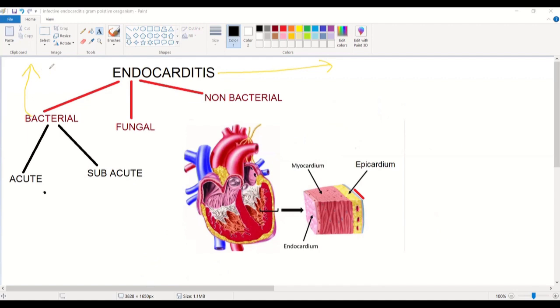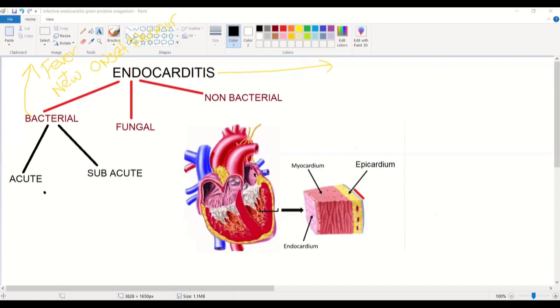After the fever, then a new onset murmur. So these are key things that show this type. One more important thing, we will discuss these things in a few minutes.